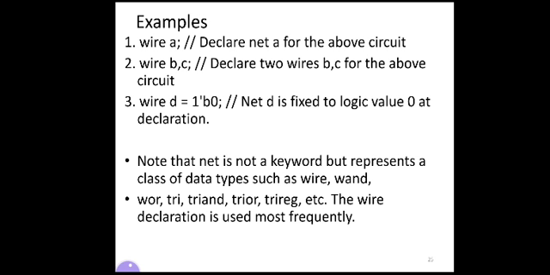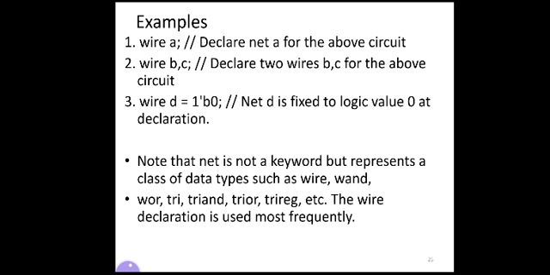And nets are by default 1 bit values. If you want multiple bits, you can explicitly declare them as a vector that can be used for multiple bits.